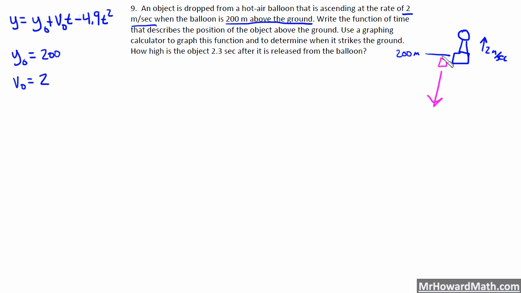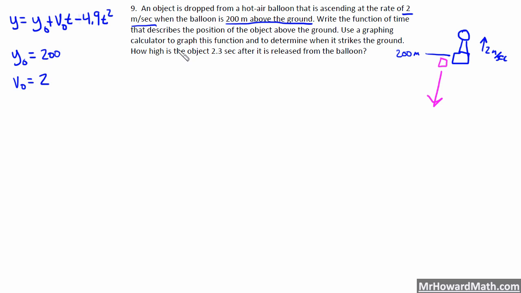So its initial height was 200 meters, and we were moving up at 2 meters per second in the balloon, so the initial upward velocity of this thing that we dropped is 2 meters per second. Okay, so that's what's going on. When you are given a problem like this, you just need to identify the initial height and the initial upward velocity, and then work it from there.